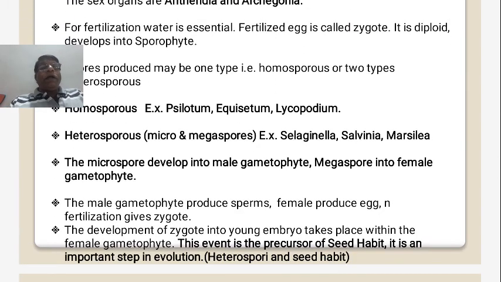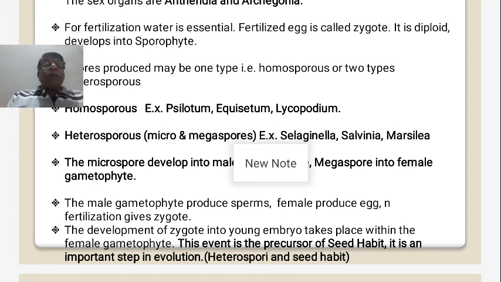Okay. Now, heterosporous species are also there. Example, Selaginella, Salvinia, Marsilea, etc. Heterosporous species have two types of spores, microspores and megaspores.